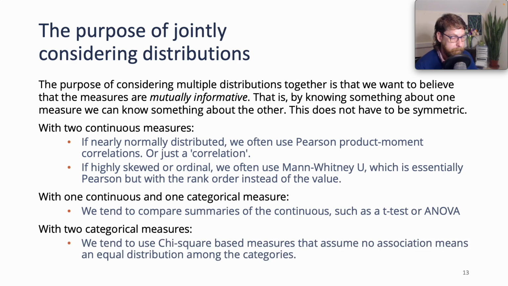And then we have two categorical measures. We don't really order them per se, but we often use a chi-squared to say, if we have two measurements, whether people like the color red or the color blue more, and whether they are a morning person or an evening person, shouldn't really correlate.